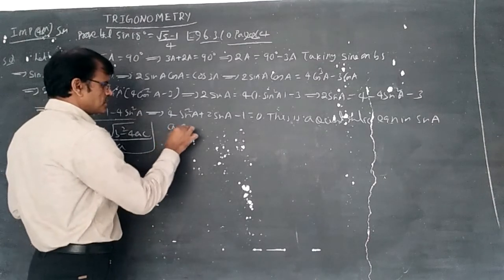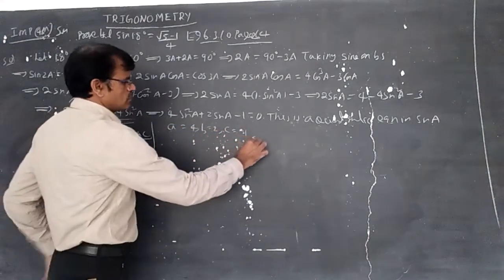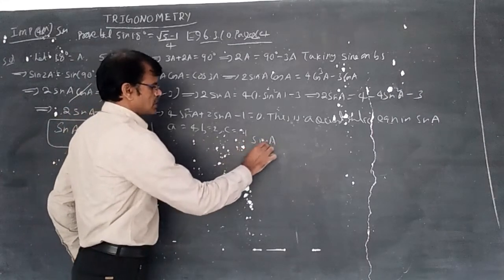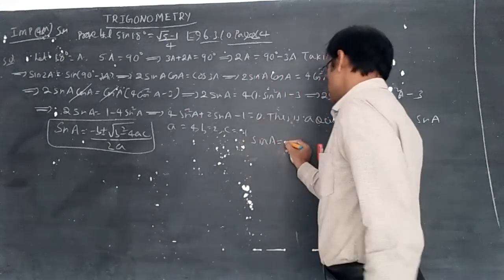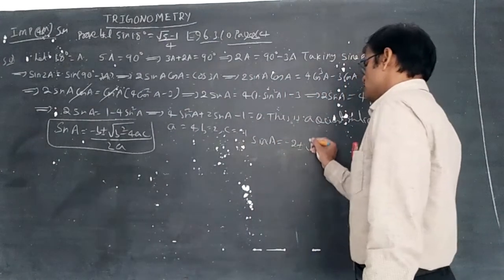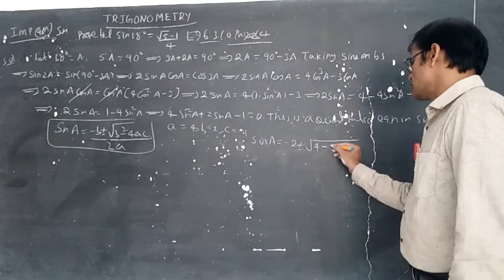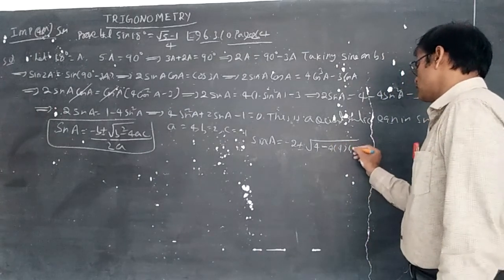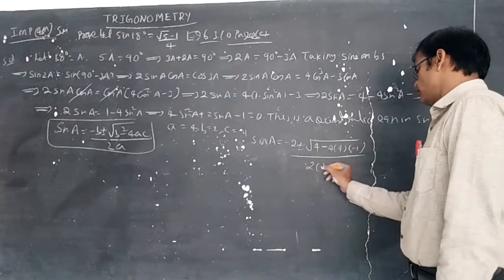Now, a is equal to 4 here, b is equal to 2, c is equal to minus 1. So, sin a is equal to minus b, meaning minus 2, plus or minus root of b square, meaning 4, minus 4ac, so 4 into minus 1, whole by 2a, meaning 2 into 4.